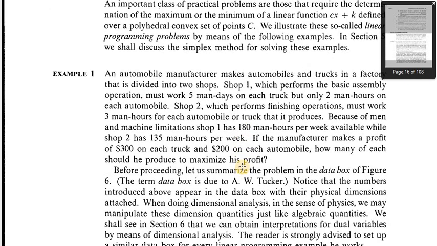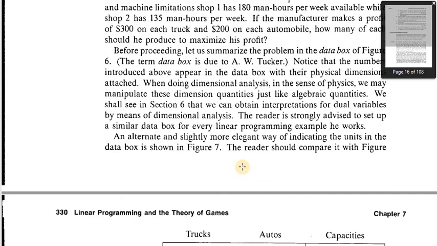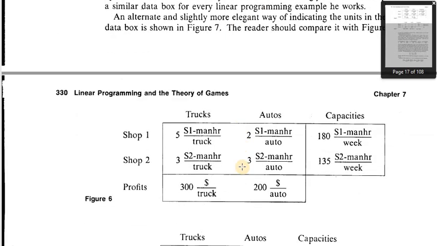All right. So let's go down here. Now, if you remember, I said that what you're trying to maximize is profit. So there's a profit line at the bottom. For maximum problems, you put your maximizing function at the bottom of this data box.